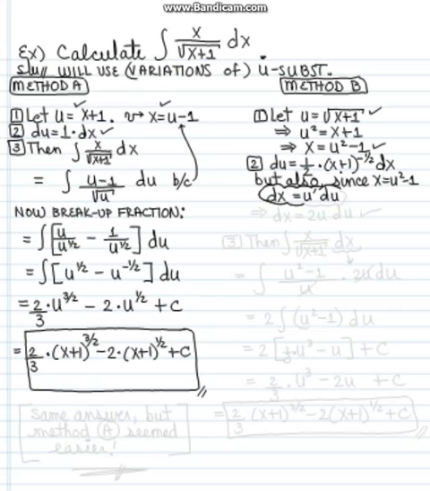This time, it's a derivative of x with respect to u, not with respect to x, but with respect to u. dx equals the derivative of x with respect to u du. So dx is equal to u prime du. That's dx equals 2 times u du. We'll be using that in step 3.